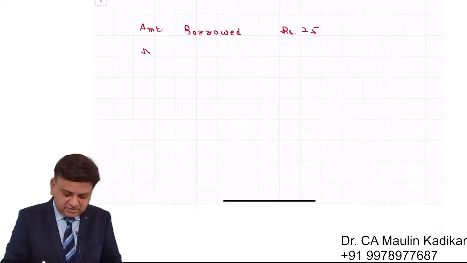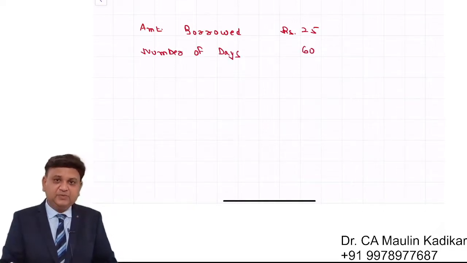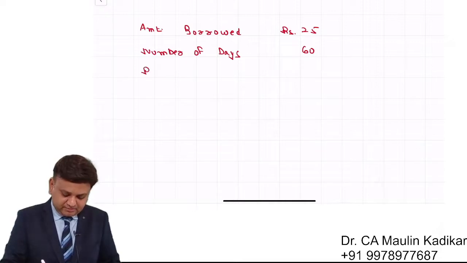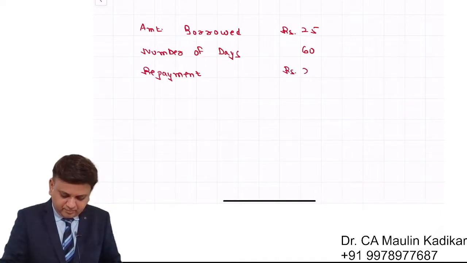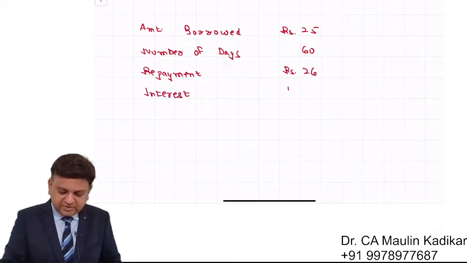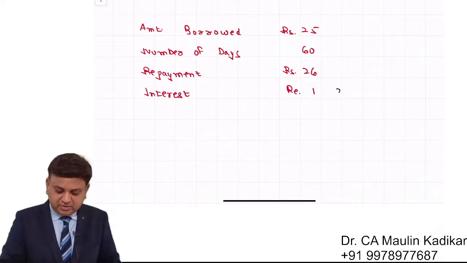After 60 days, repayment is made of rupees 26. So basically, there is an interest cost of rupee 1. How is this 1 rupee calculated? 26 minus 25.